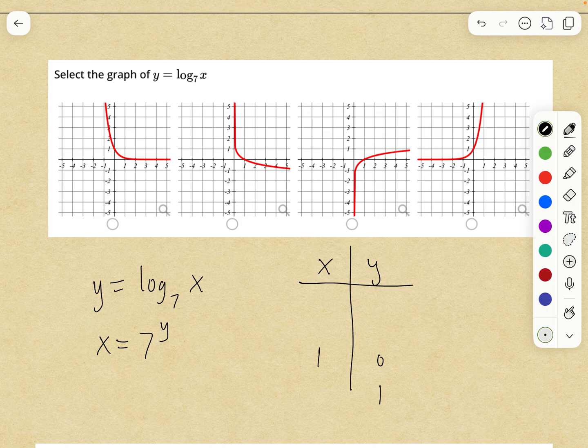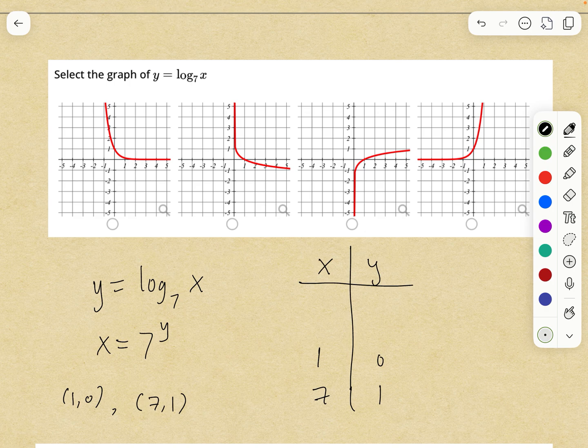And if you plug in y equals 1, you get x equals 7. So certainly some points on the graph of y equals log sub 7 of x are (1, 0) and (7, 1). Okay, so (1, 0) is on the graph.